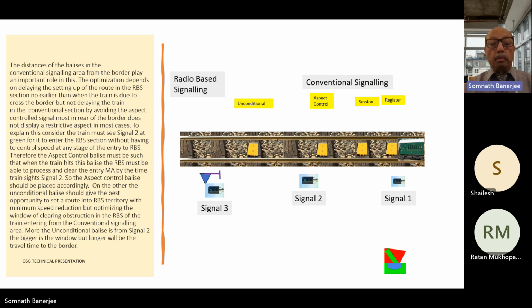However, we assume that the driver of the conventional signaling system will have sufficient understanding to bring the train to a halt in rear of signal 3 if it is not safe to go in advance of the border.